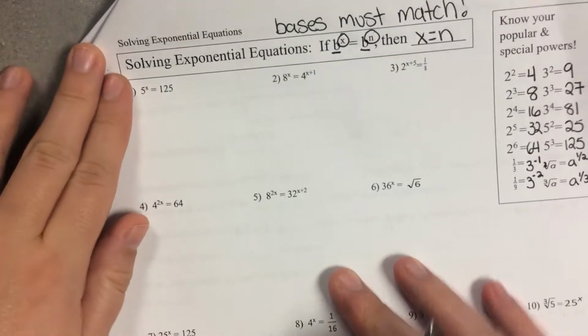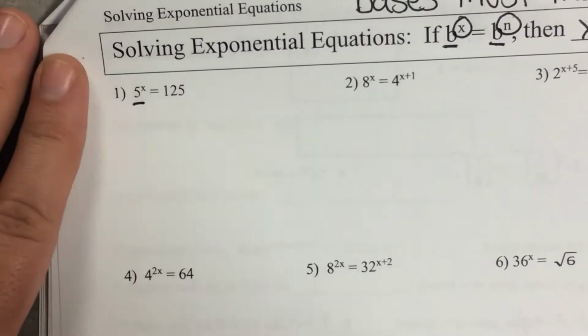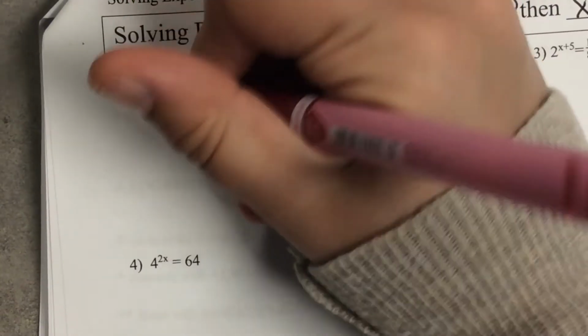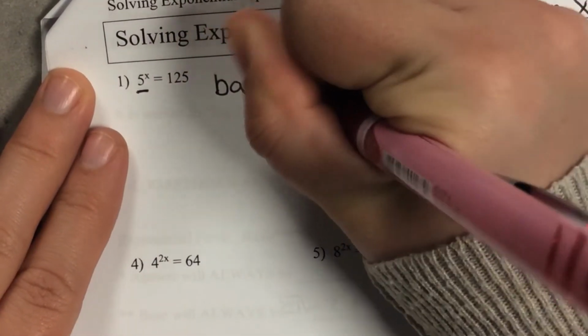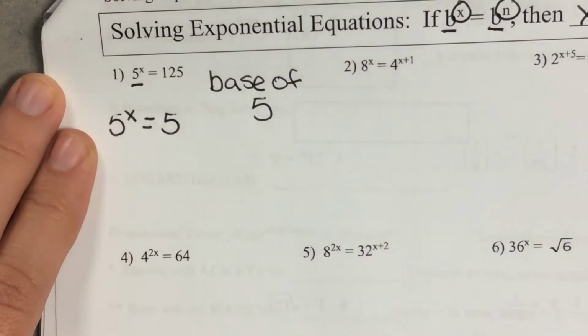So here we've got 5 to the x power. And over here we have 125. But is there a way that we can write these with the same base? Yep, we can write these both with a base of 5. So we've got 5 to the x power, and then how can we write 125 as 5 to the something power?